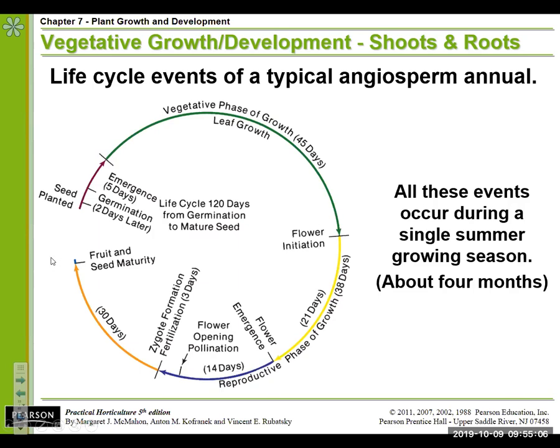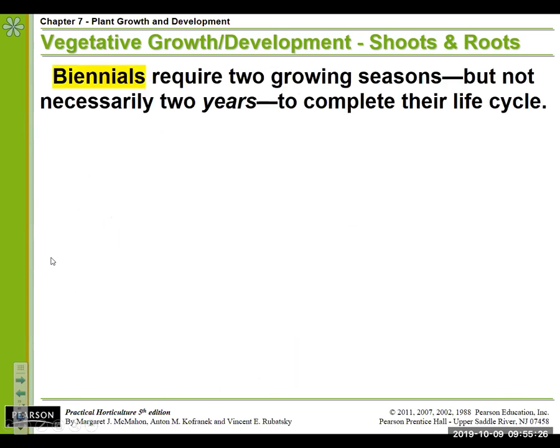And we usually think of all of these events as occurring in the confines of a growing season. So depending on what that growing season is for that plant, whether it's determinate or indeterminate, it could be as little as 2 or 3 months, could be as long as 5 or 6 months.